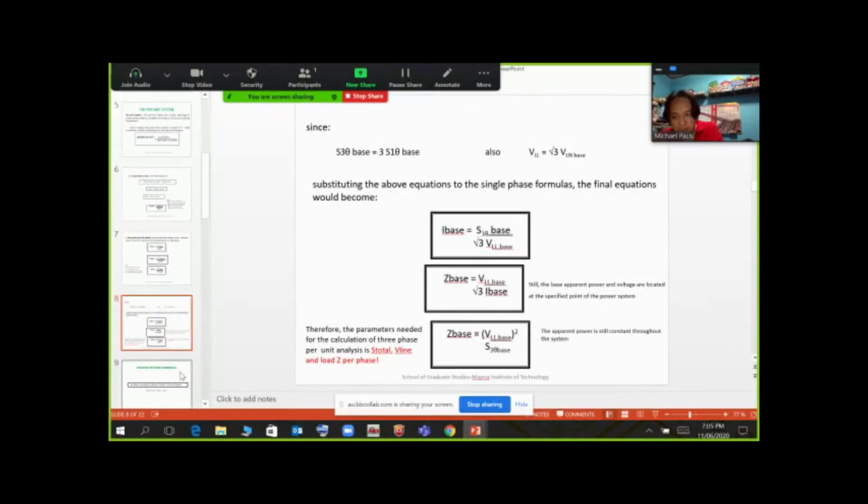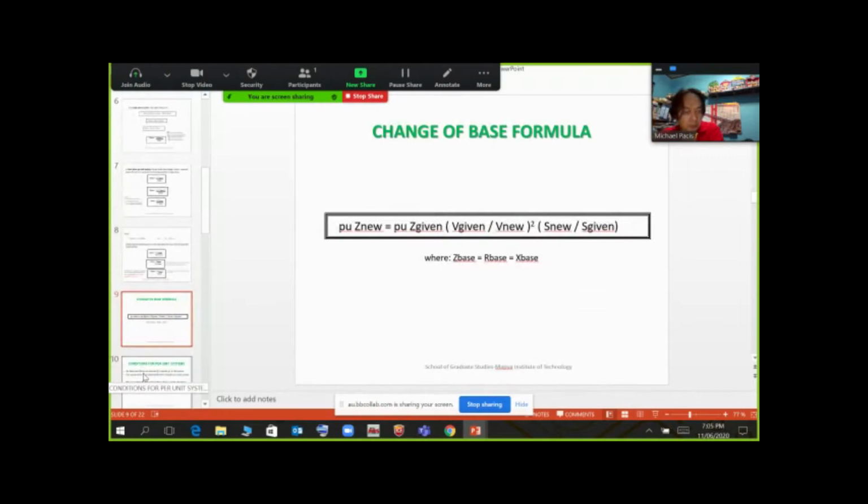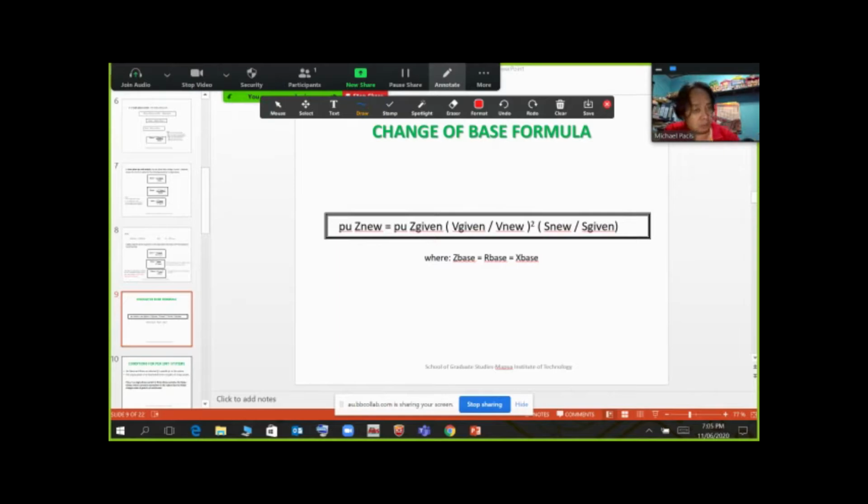Another important formula that you need to know for per unit analysis is the so-called change of base formula. The change of base formula has this representation. Per unit Z new is equal to per unit Z given, times V given over V new squared, times S new all over S given. Now, we can have these synonyms, by the way, so that you will not be confused on some of the formulas later.